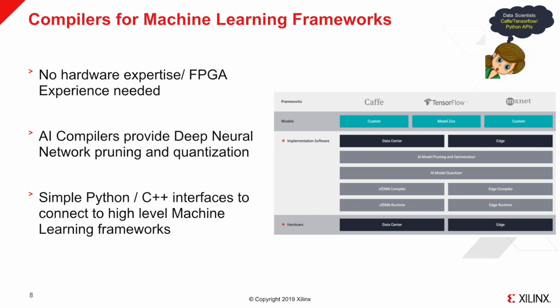Our AI compilers take the models that the customers have provided and optimize them with deep neural network pruning and quantization so that we can get optimized models. And these optimized models are then targeted using our SDAccel compiler so that they can go into the FPGA and generate a bitstream.